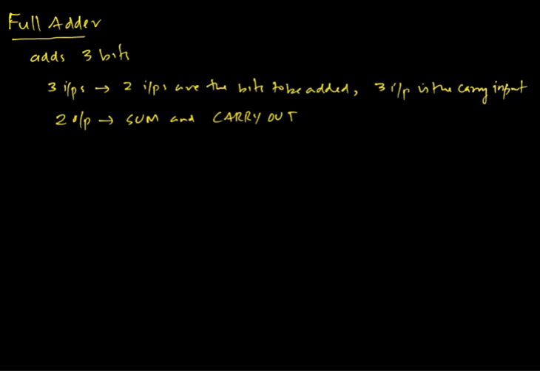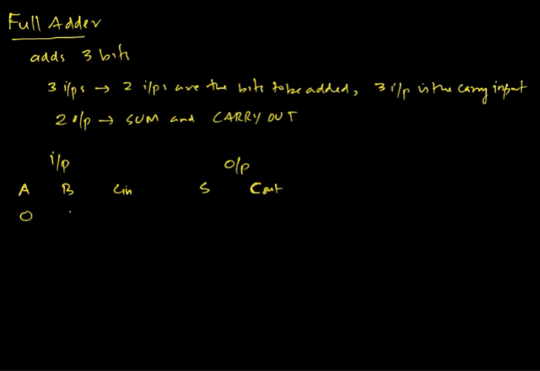So let's consider the input part first. It has 3 inputs, A, B and a carry input denoted by C in or Ci, and there will be an output which is the sum and the carry output which is denoted by C out.